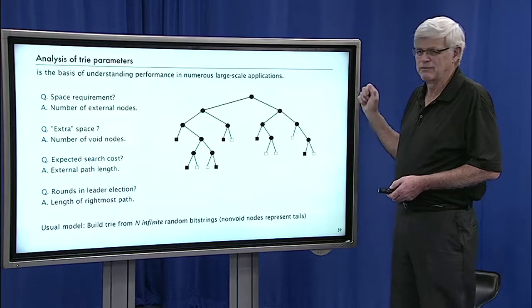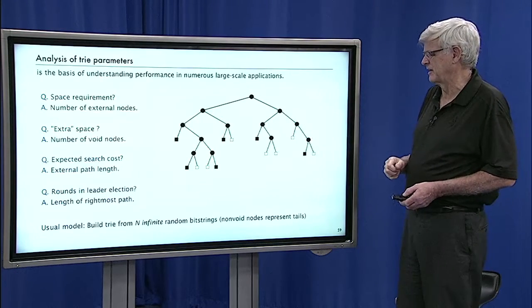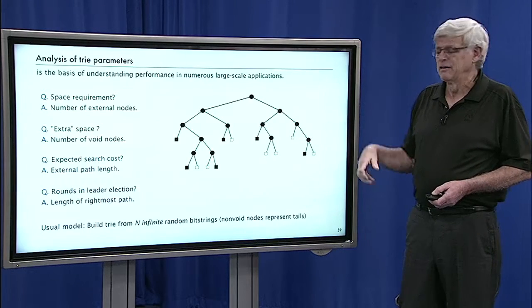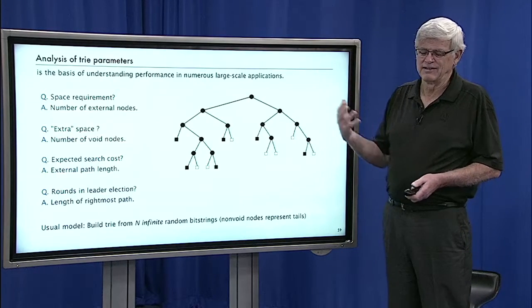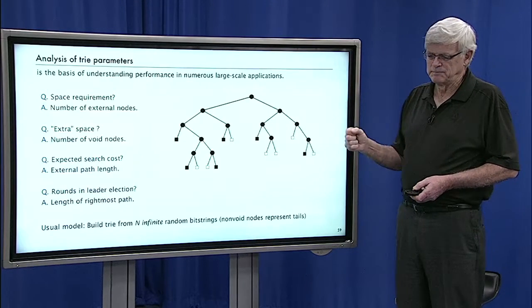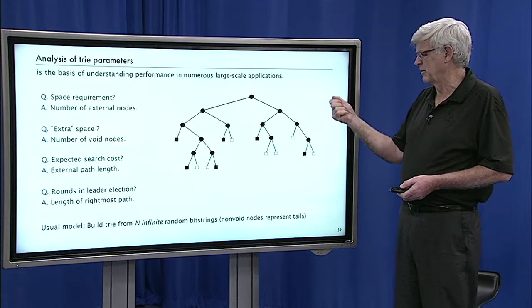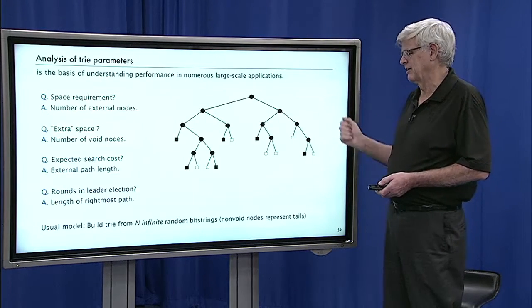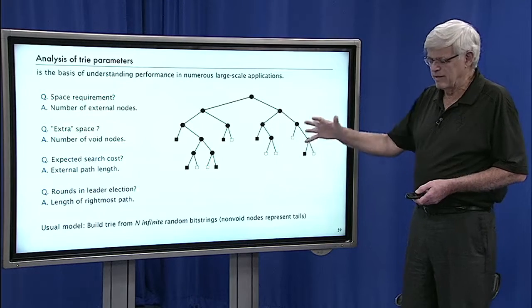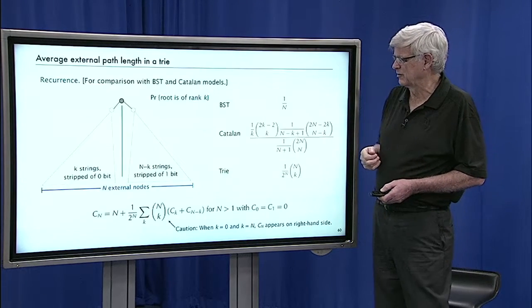Eventually the trie represents them according to distinguishing them on the leading bits. And from an analysis standpoint, it makes for a reasonable model because we can assume at every node that we randomly go to the left or to the right. And this model fits real data perfectly well when it's been studied.